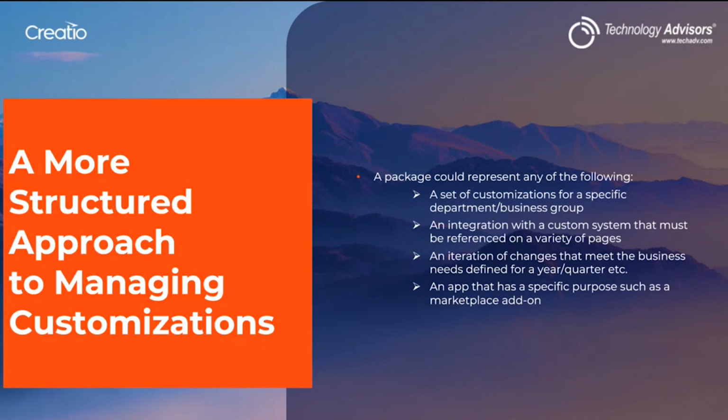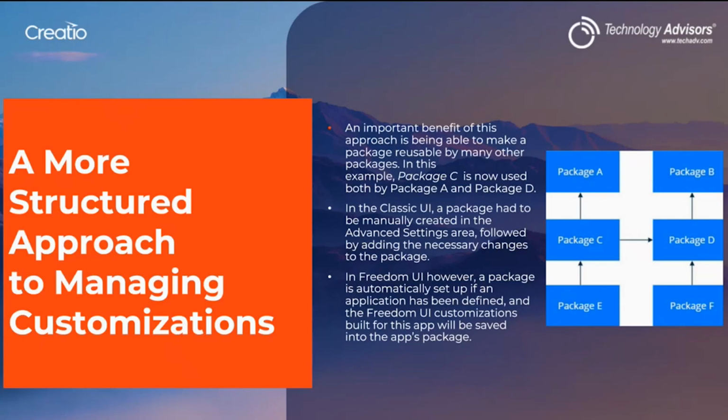Okay, here we go. I'm going to come over here so we can talk about packages a little bit. There are two different ways that Creatio has, this is the documentation that you can get on the Academy, of what the package relationships can be like and what they can depend on. Let's start with package E and flow upward.